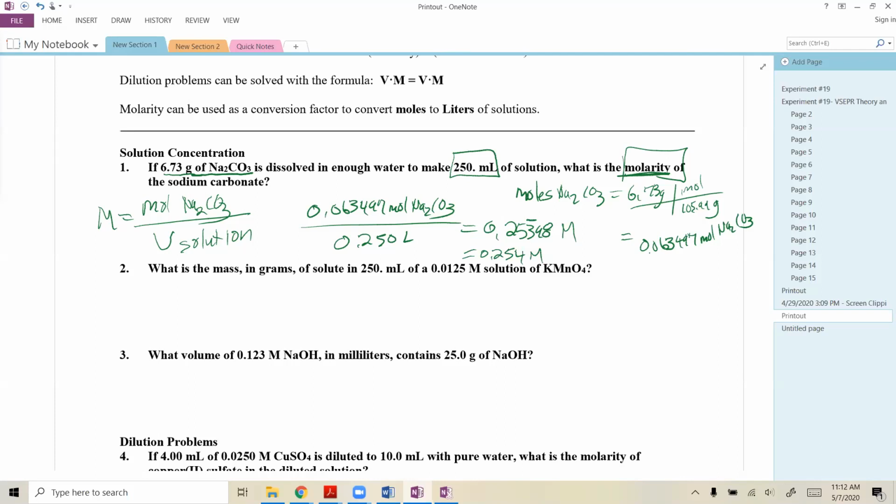Right. So that's a good question. When you're looking at your molar mass, you should make sure that you're including 2 sodiums, 1 carbon, and 3 oxygens. Right? So when we're looking down at your molar mass, you're off by, what is that?